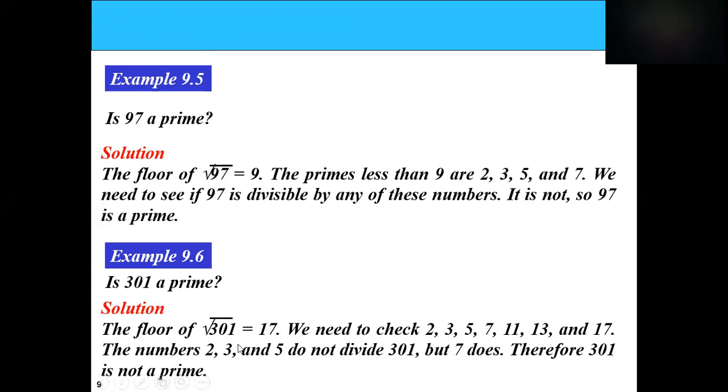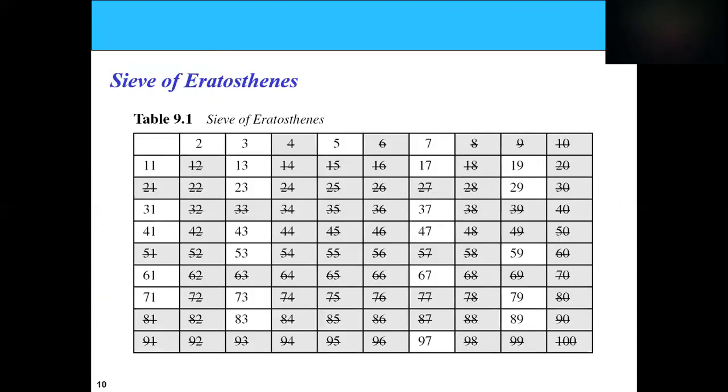If one divides, then we can say the number is not a prime. As in our previous example, it is not a prime number because 7 divides 301. In that case, we can say, dear student, 301 is not a prime.